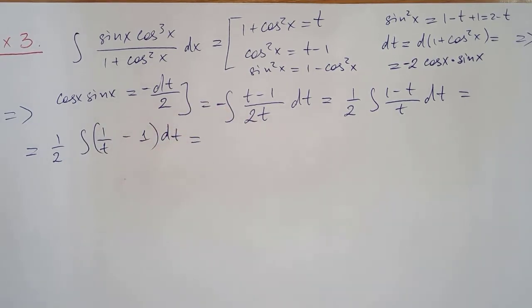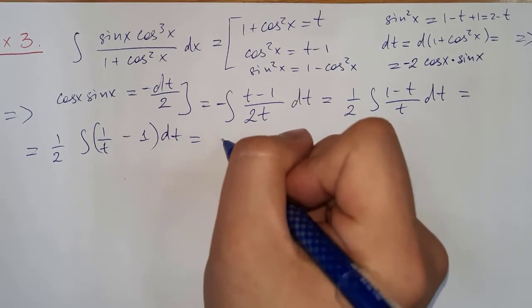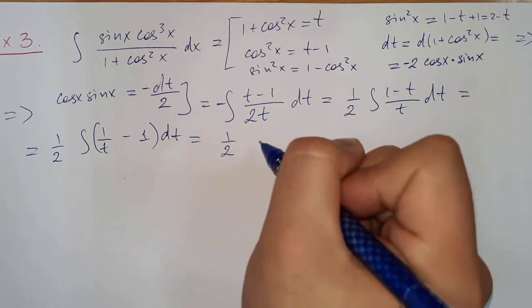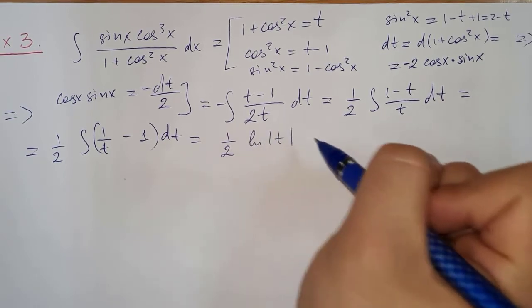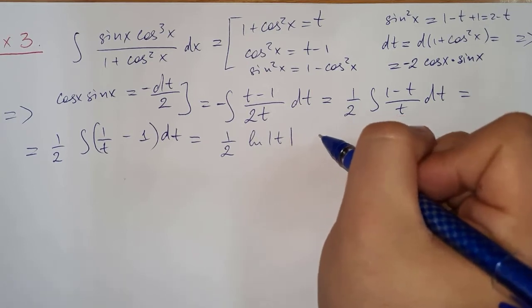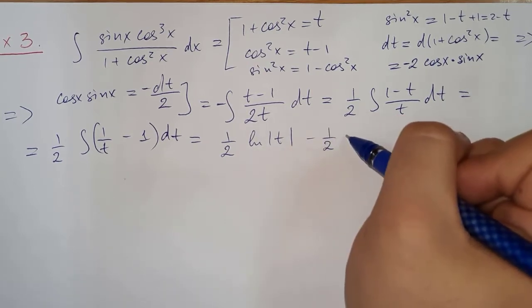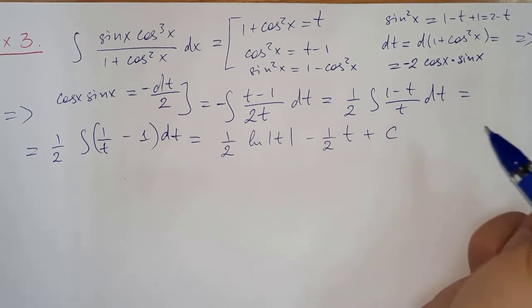And now the integral is: 1 over t gives just the natural logarithm of t, and the minus 1 over 2 gives us minus 1 over 2 times t, plus c.